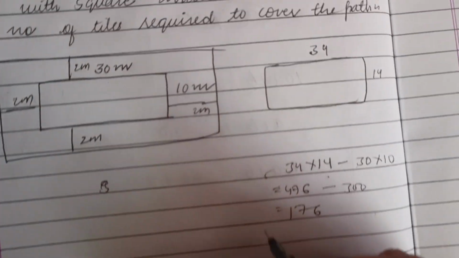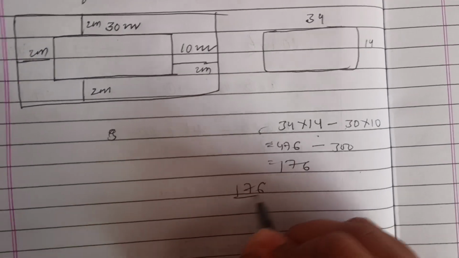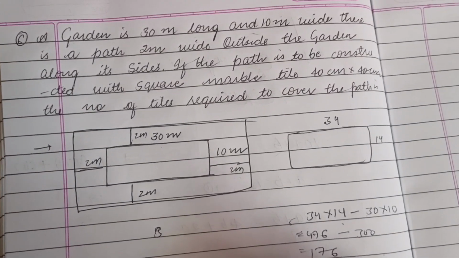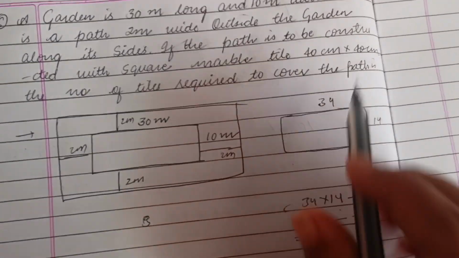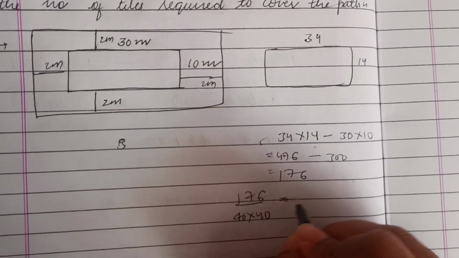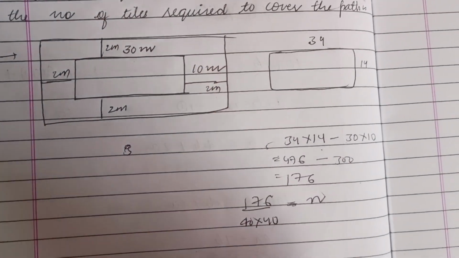After this I will divide this area by the area of the square, that is 40 into 40, and that will give us the number of squares required to fill it.